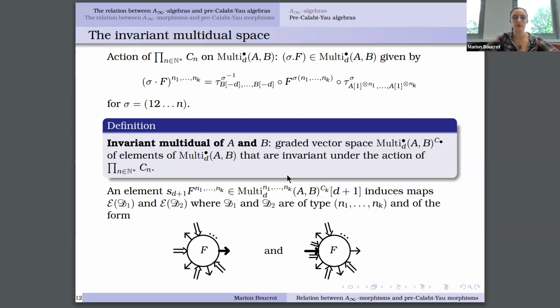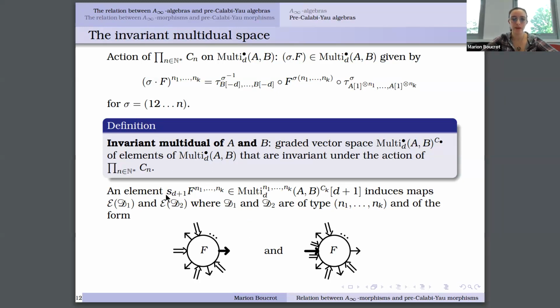So the invariant multidual of A and B is just the graded vector space denoted like this with the T here, which is formed by elements of the multidual of A and B that are invariant under the action that I just defined here.